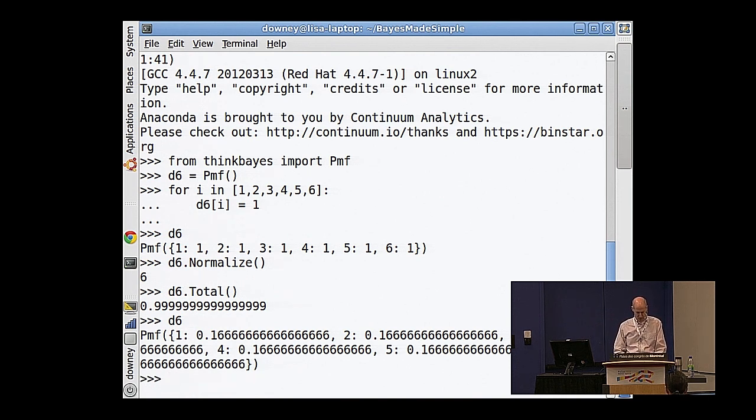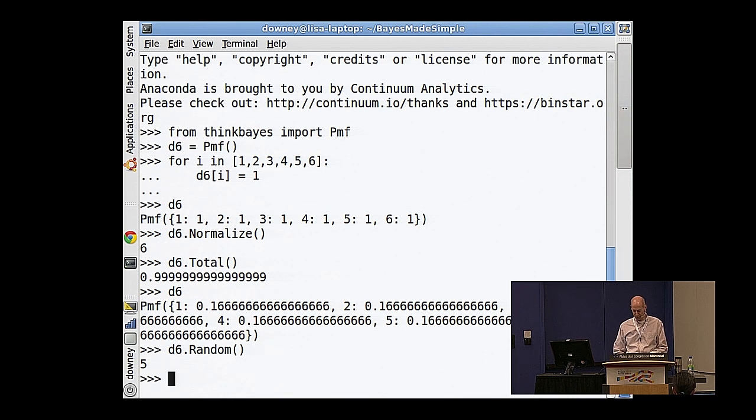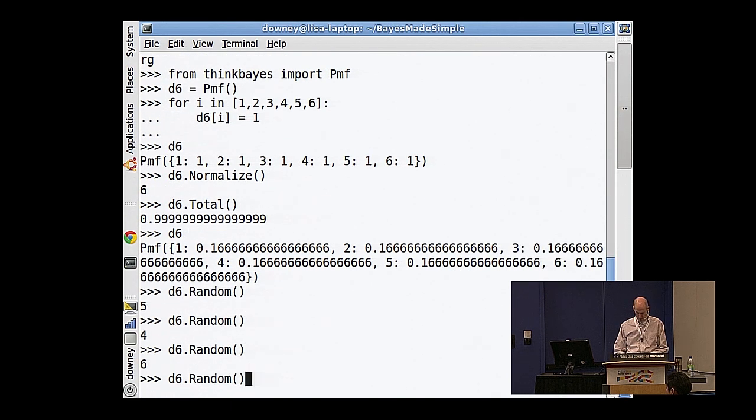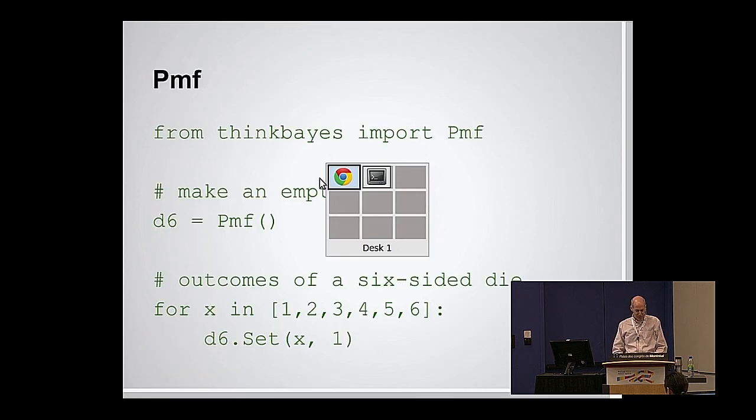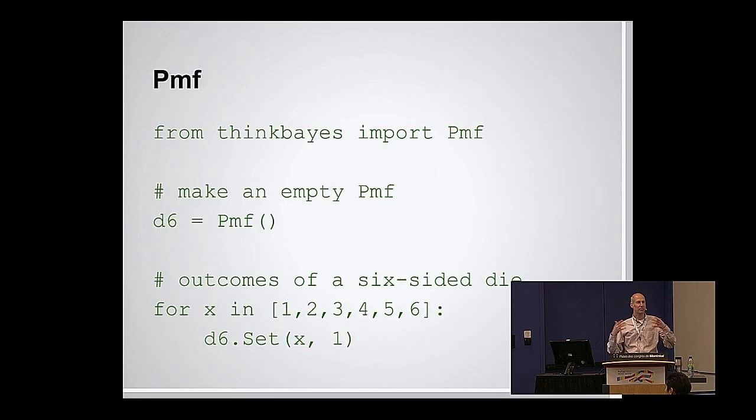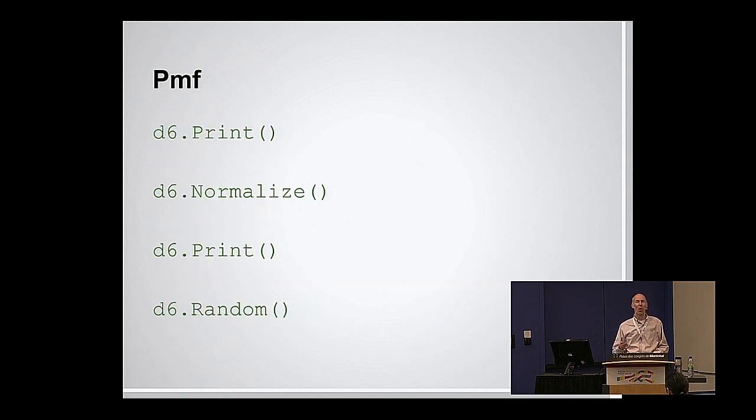And I can do d6.random and generate a random value, and each time I roll the die, I get outcomes in proportion to their probabilities. So this is a PMF object that represents the possible ways of rolling a 6-sided die, and I showed you the normalize method and the random method. Good so far? Things working?